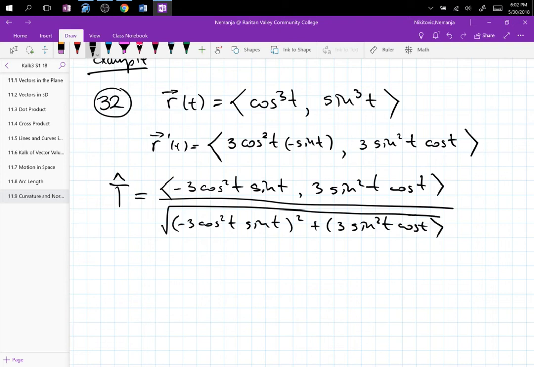Yes. You are looking for the normal vector. So my answer has to be a vector. Normal. So you have to go past that point. You have to find the tangent vector, then take the derivative of that, and then divide that by the magnitude.